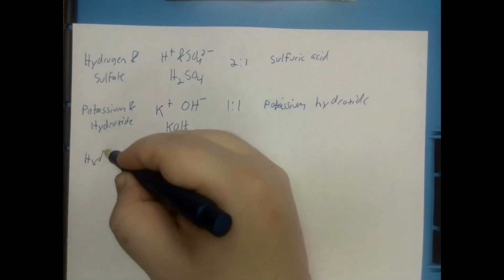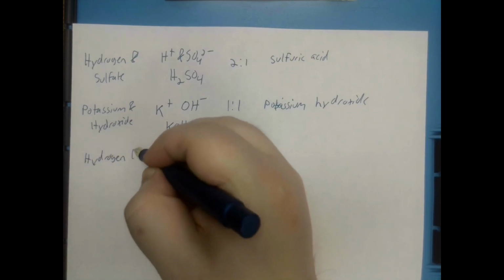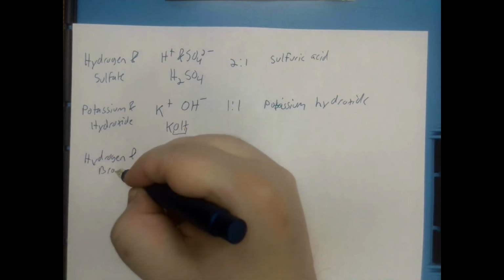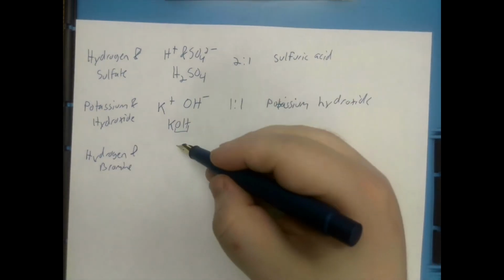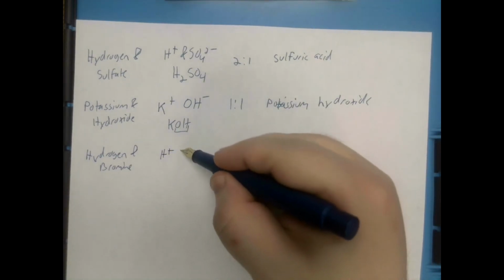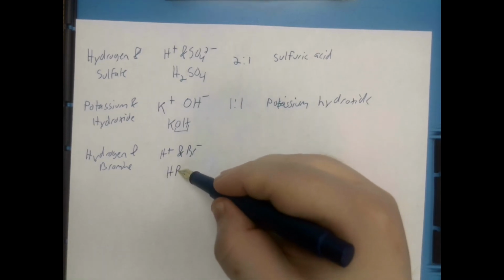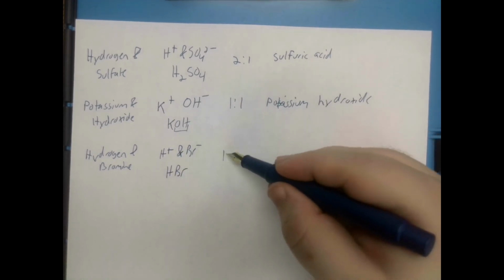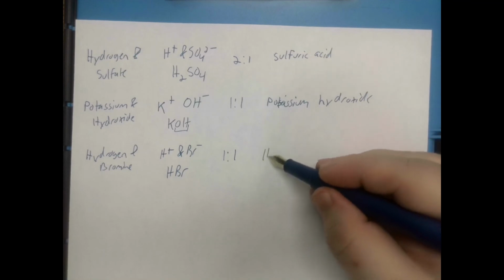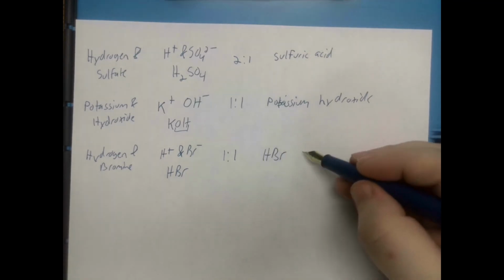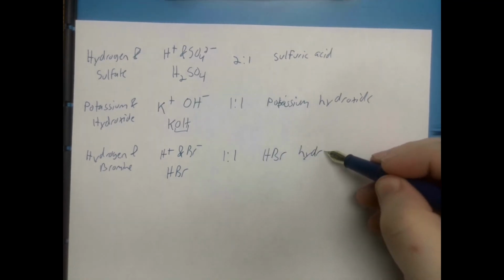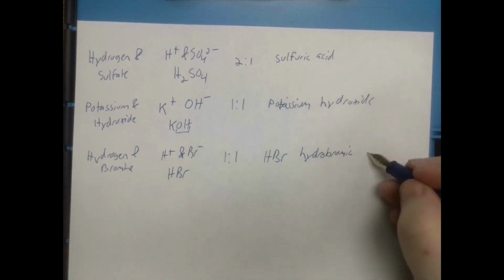Hydrogen and bromine. So H plus and Br negative. That's HBr, 1, 1. And so this is called hydrobromic acid.